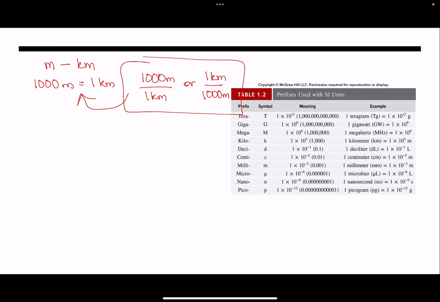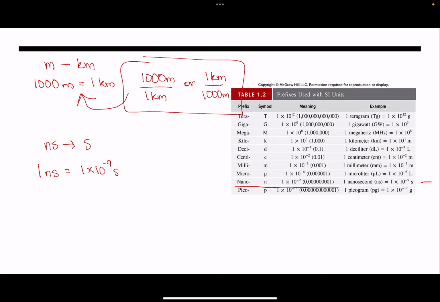Another example would be, let's say down here with nanometers, or nanos. Sorry, I just use meters as my common when I'm doing it. But as you can see here, they use seconds. So let's say nanoseconds to seconds, we know that 1 nanosecond equals 1 times 10 to the negative 9 seconds.